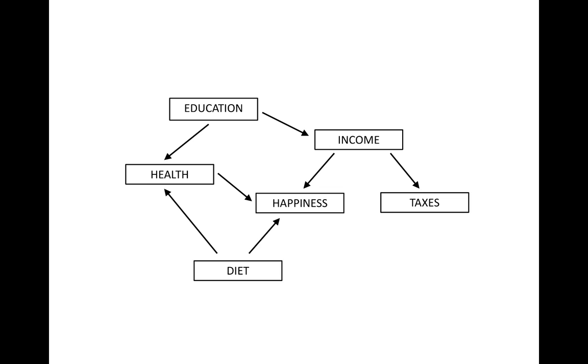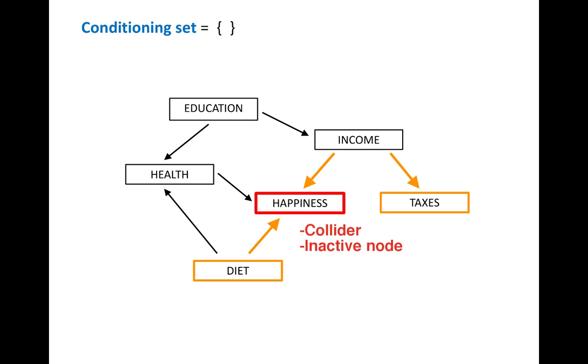Let's illustrate these concepts in a more complex causal graph. Consider whether diet and taxes are d-separated by the empty set. In the undirected path from diet to happiness, to income to taxes, conditioned on the empty set, happiness is a collider and thus an inactive node, while income is a non-collider and thus an active node.